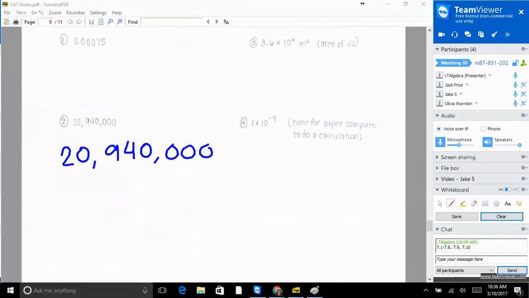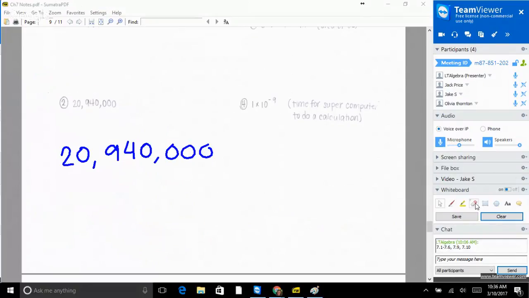The biggest thing is figuring out where your decimal goes. A lot of people might be tempted to put the decimal right here between the 20 and the 9.4. But whenever you're using scientific notation, you're only going to take one place value. It's going to be the first number that starts your number. So you're only going to let one number be before the decimal.